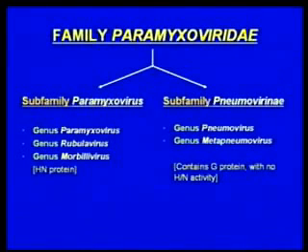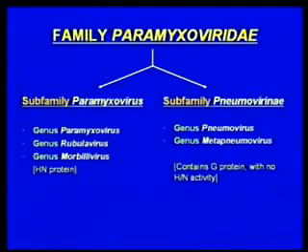The classification goes into subfamily pneumovirinae and paramyxovirinae over here. And we have the three genera, paramyxovirus, rubulavirus and morbillivirus. You may recognize some of these names because you have done pathogens from these genera before. These share the property of a hemagglutinin-neuraminidase, HN, protein.